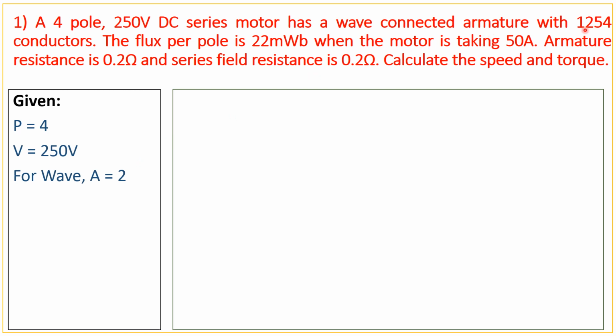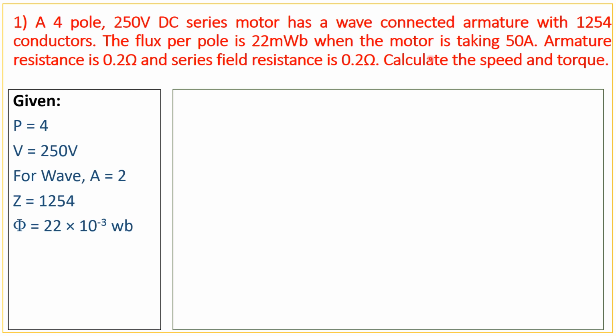So armature with 1254 conductors, therefore Z is equal to 1254. The flux per pole is 22 milliwebers, therefore phi is equal to 22 into 10 to the power minus 3 Webers when the motor is taking 50 amperes.